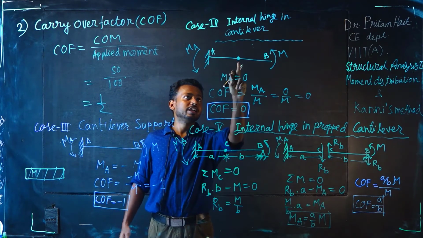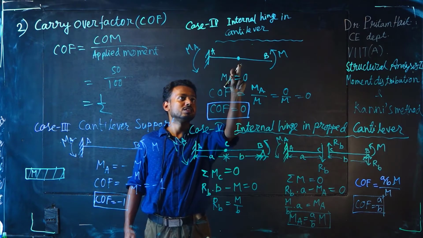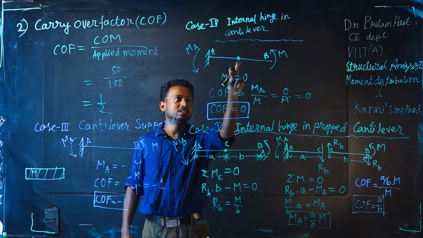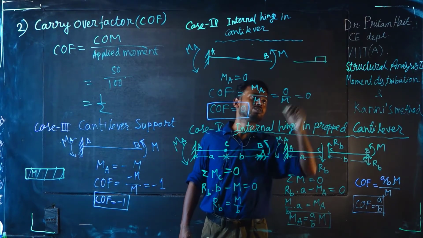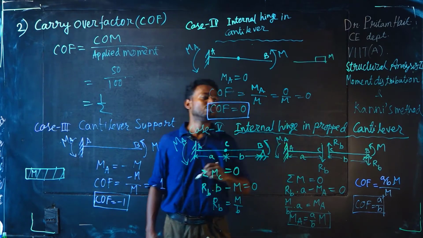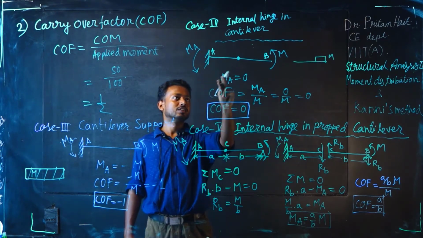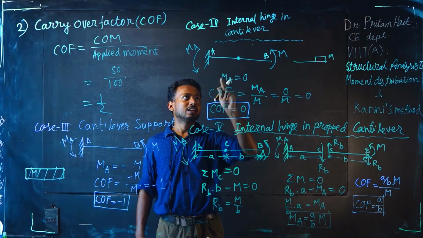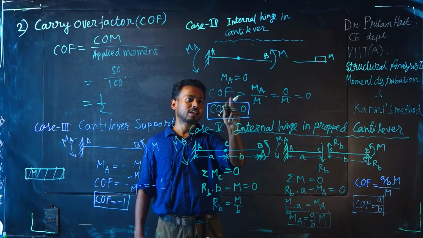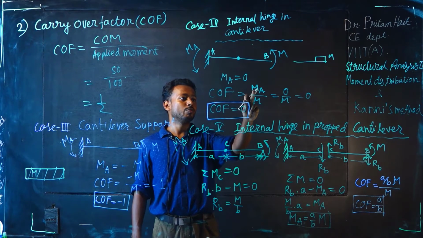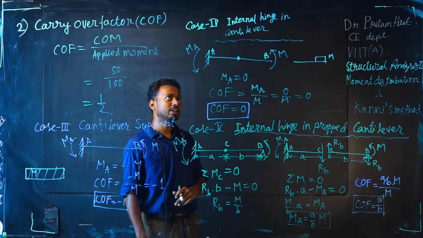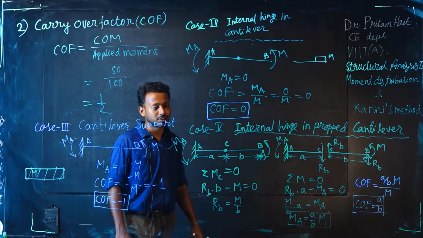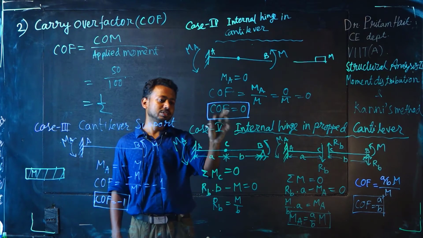Due to the internal hinge, the moment will become 0 at this point, and the bending moment diagram looks like this. This is M. So the carryover moment will be 0, and the carryover factor will be carryover moment divided by M, so 0 by M equals 0. In case of an internal hinge cantilever beam, the carryover factor will be 0.